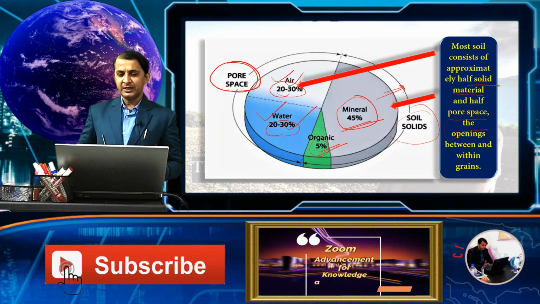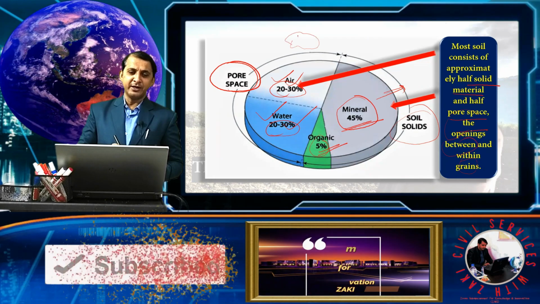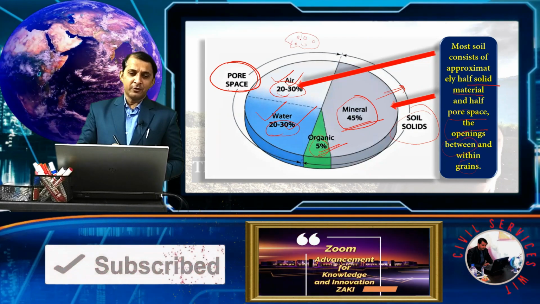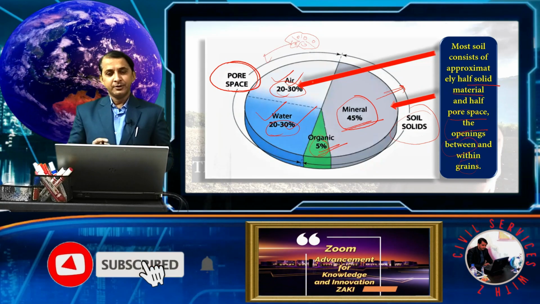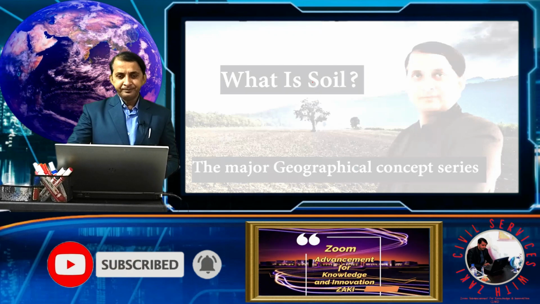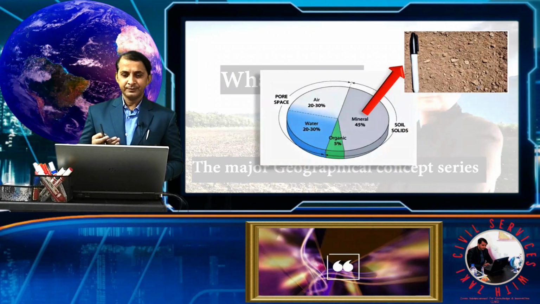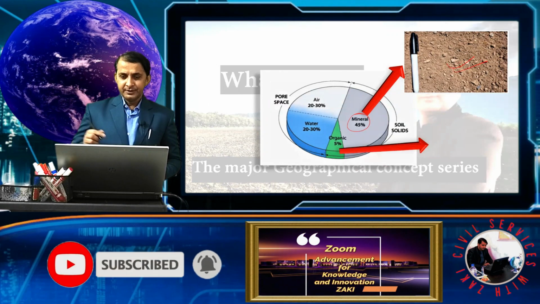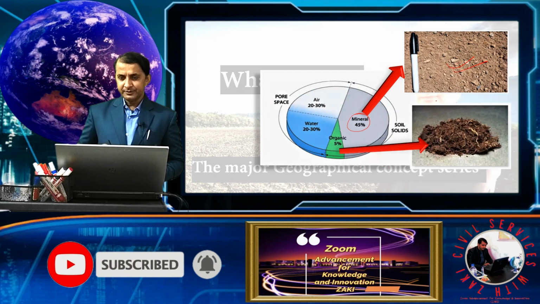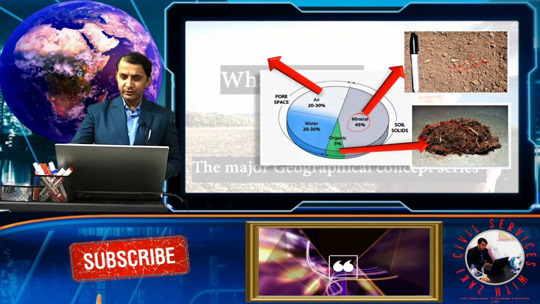Pore space is basically the opening within the grains. If you find such grains, the opening spaces within these are called pore space. So see, this is minerals content, this is organic content, and this is pore space.